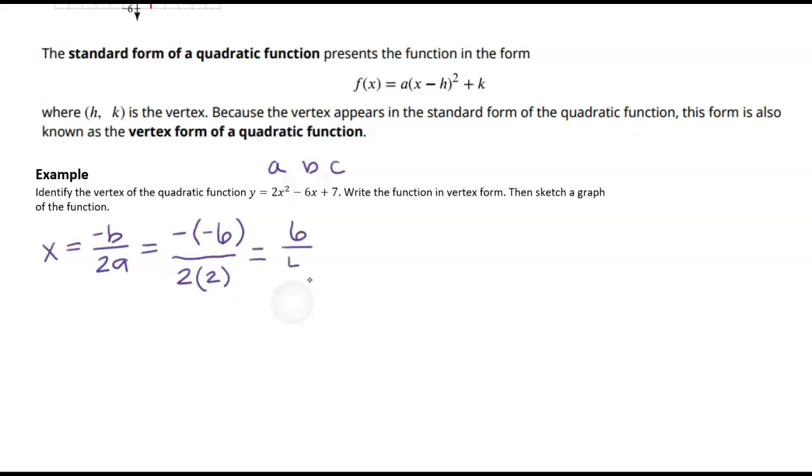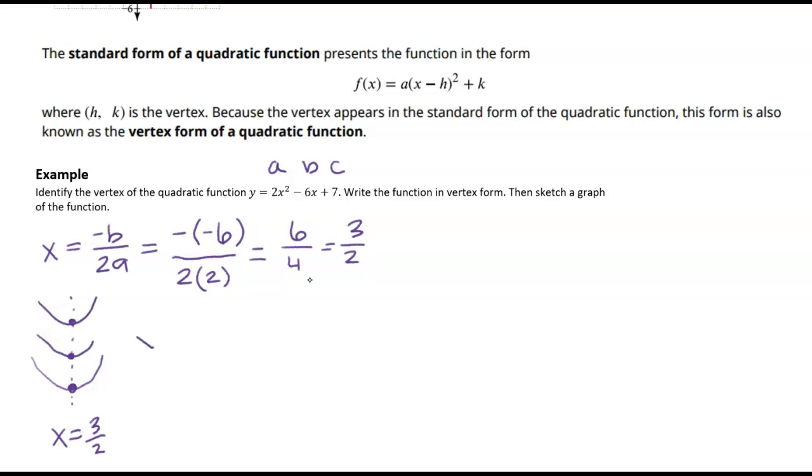That gives me 6 over 4, or 3/2. And again, that axis of symmetry at x equals 3/2, my vertex is going to lie somewhere on that axis of symmetry. Since a is positive, I know that my parabola would open up.